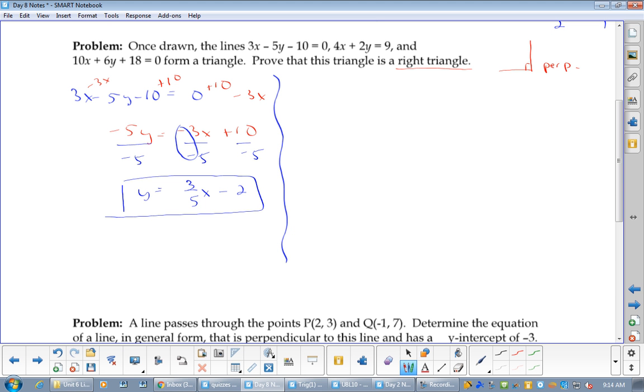Now the next one is 10x plus 6y plus 18 equals 0. Again, I want y by itself, so I'm going to minus the 10x here, and I'm going to minus the 18. So then I will get 6y equals negative 10x minus 18.